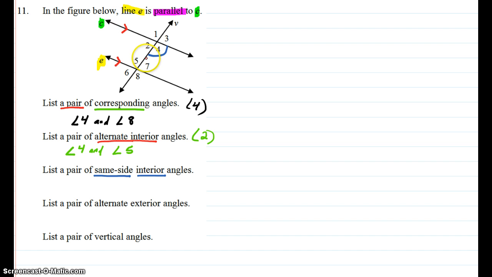Those two angles are not equal. But angle 4 and angle 7 are same side interior. Same as angle 2 with angle 5. So angle 2 and angle 5 are same side interior. So this one has 2 possible answers.